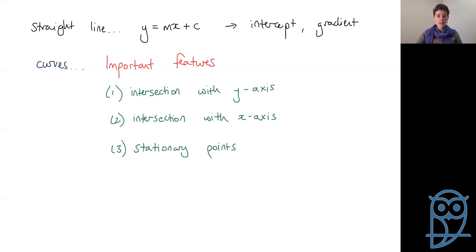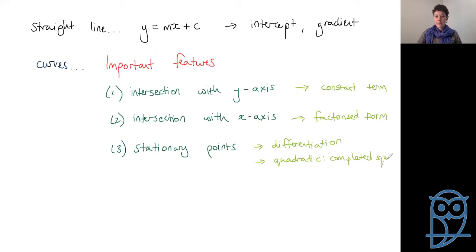So we would think there in terms of: this is the constant term, this is where we're using our factorized form, and stationary points, now we're talking differentiation. But keep an eye out, because if your curve is a quadratic, then you can also use completed square format. Remember, you can always get the coordinates of the vertex straight out of the completed square format, and if you've got the coordinates of the vertex, then you have the coordinates of that stationary point.